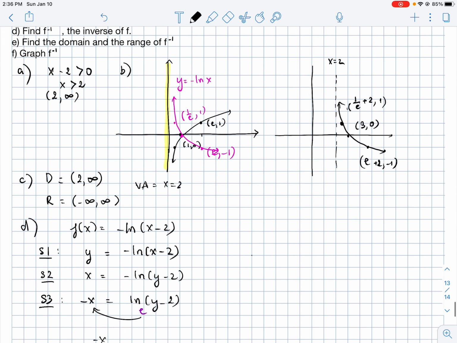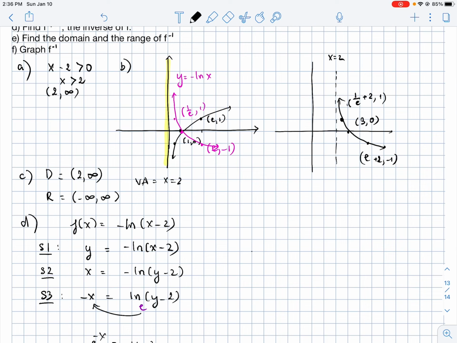In part E, we want to find the domain and the range of the function f inverse. So we learned from section 6.2 that the idea of the inverse and the function is that the x and the y switch. It means that the domain and the range switch. So in part C, you remember I wrote down the domain is 2, infinity.